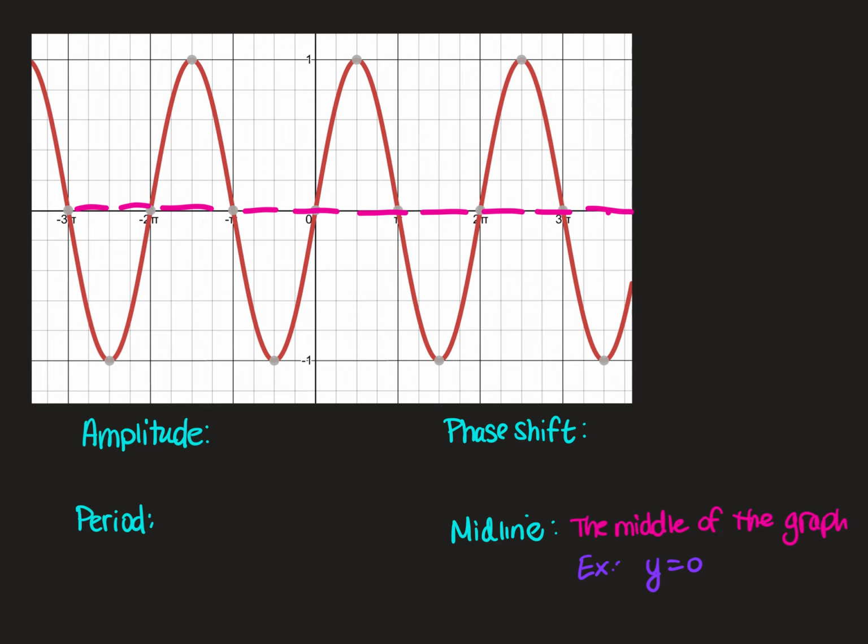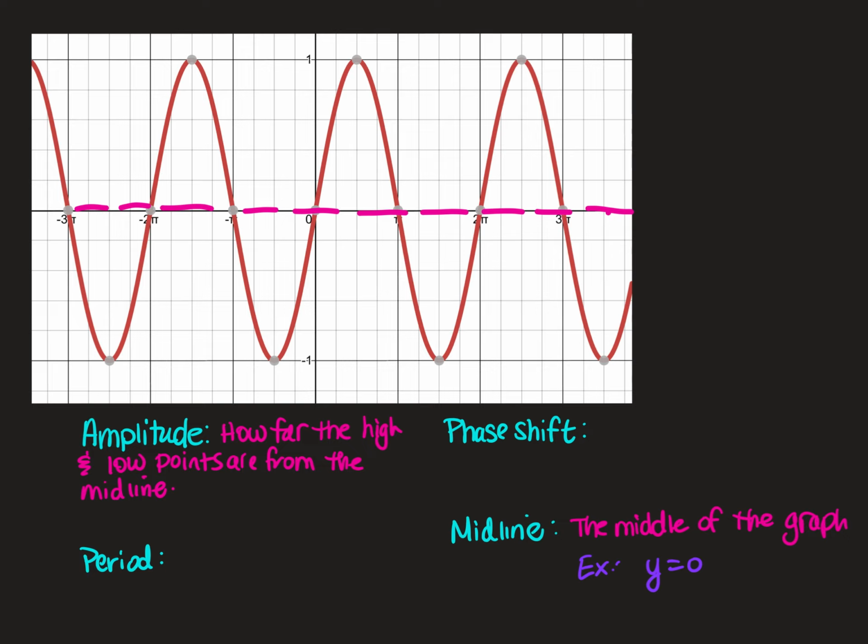And the amplitude is how high above or how low below the midline the highest and lowest points are. So for our example, we could pick a high point on the graph right here, and we could see how high that is above the midline. So this right here would be 1 unit.